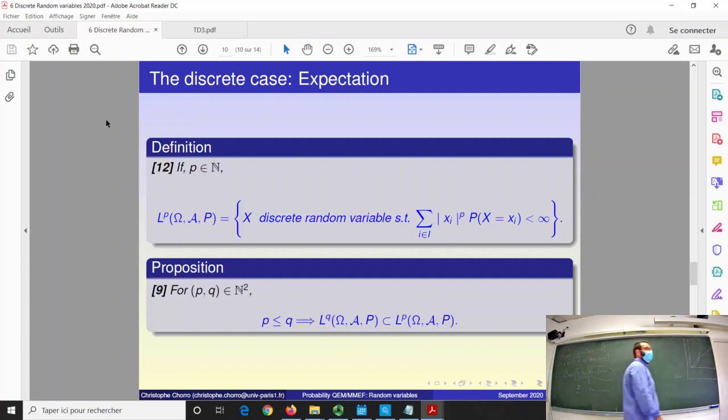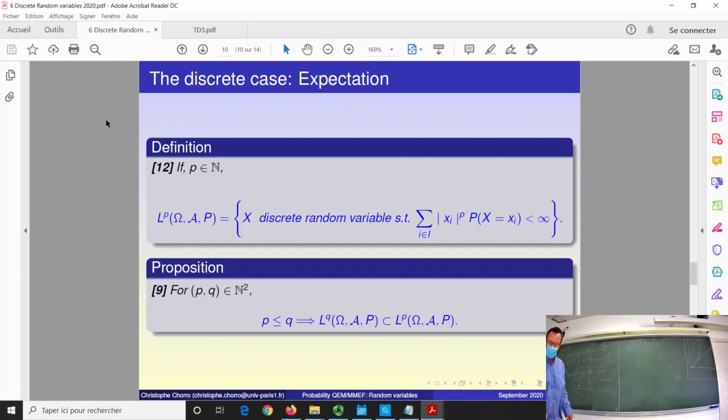I want to prove that I am in Lp. If I want to prove that I am in Lp, I am interested in the sum over i belonging to I of |xi| to the power p times the probability that X is equal to xi.